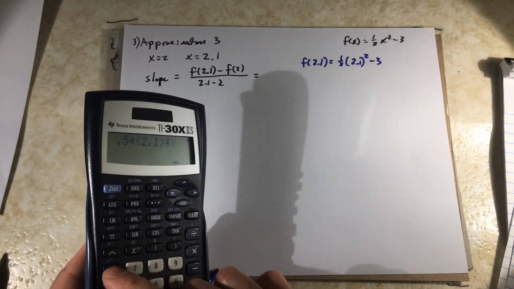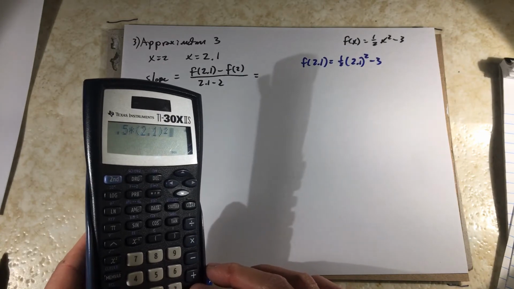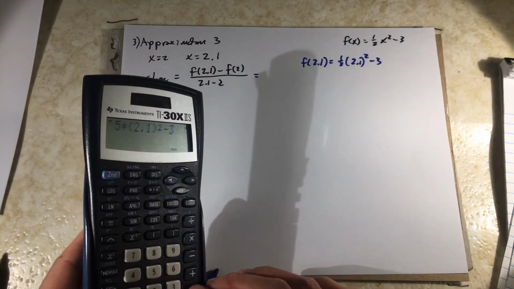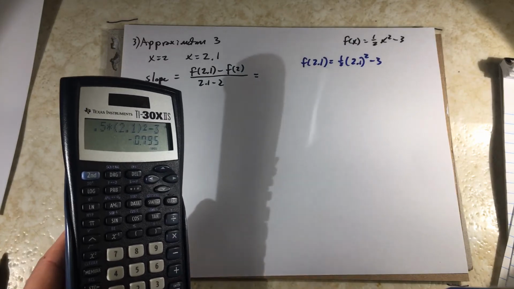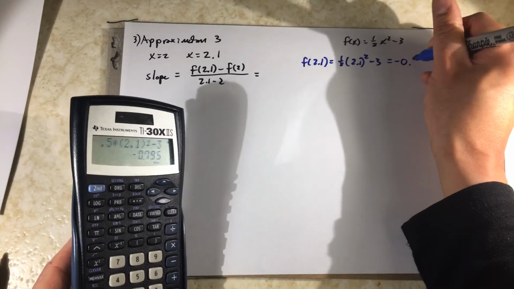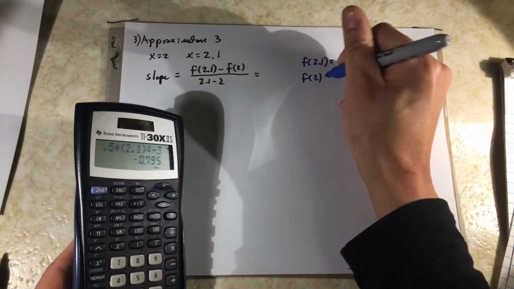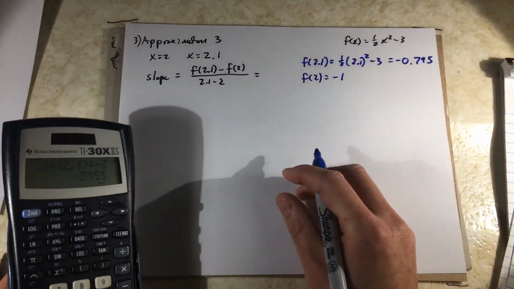Technically, I don't need the parentheses, but I'm just going to put it in just to be extra safe here. And I get negative 0.795.